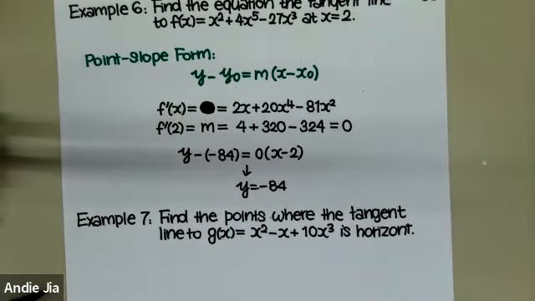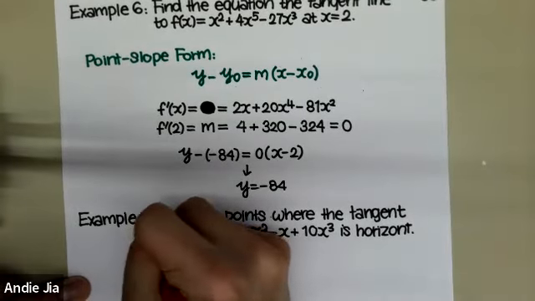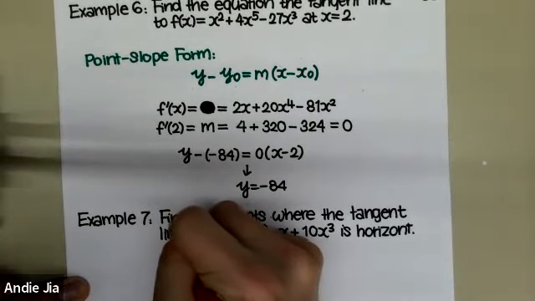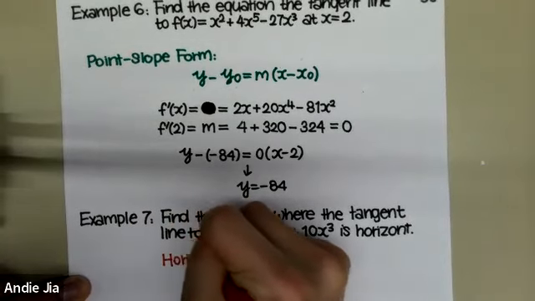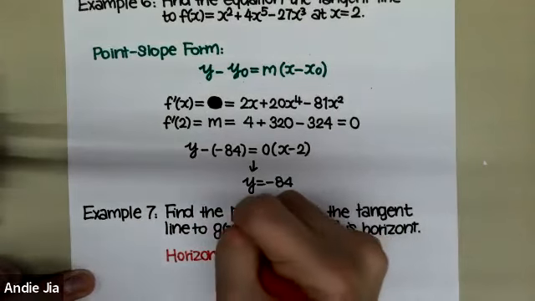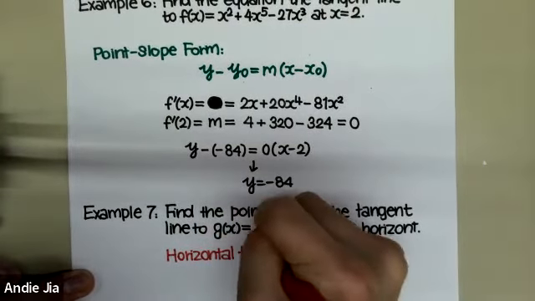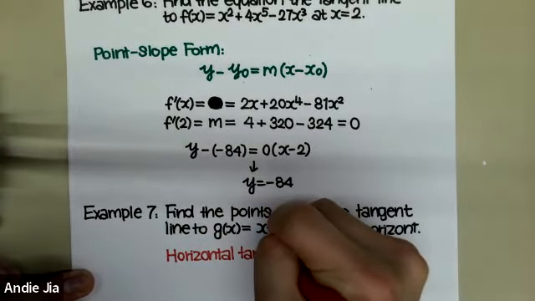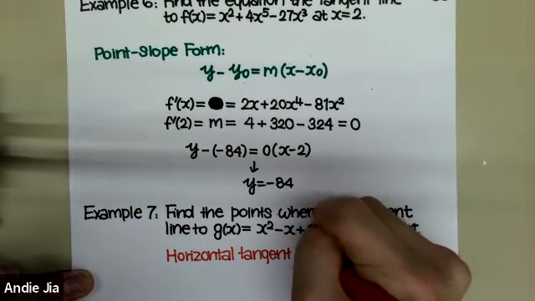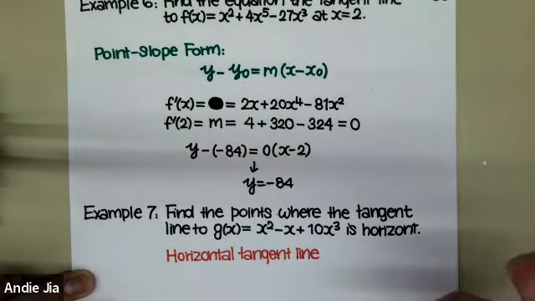So one possible hint for this video: a horizontal tangent line is where the derivative is 0.